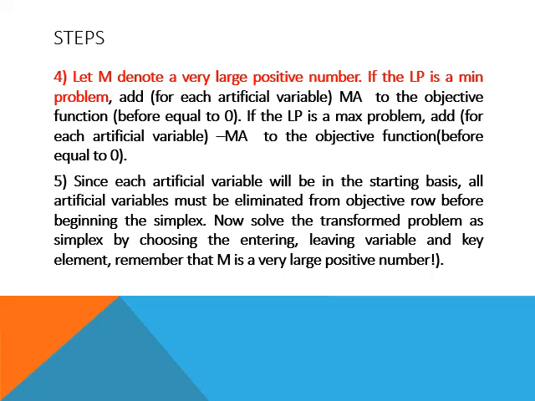If the LP is a min problem, add MA for each artificial variable to the objective function before equal to 0. If the LP is a max problem, add negative MA for each artificial variable to the objective function before equal to 0.